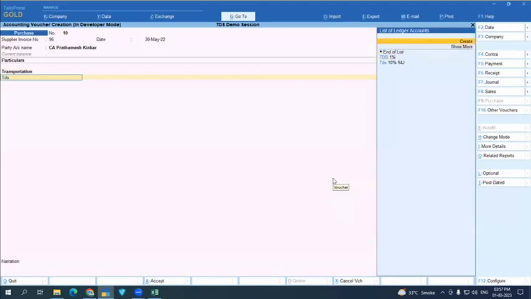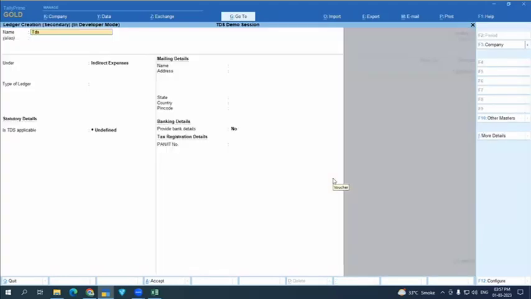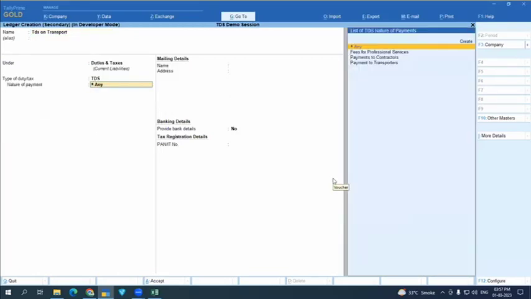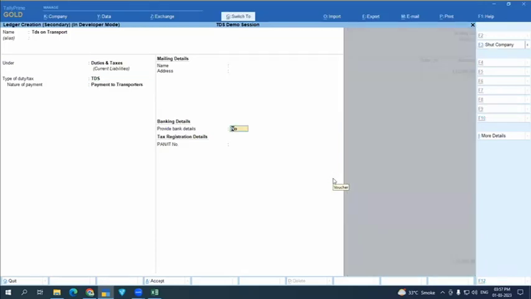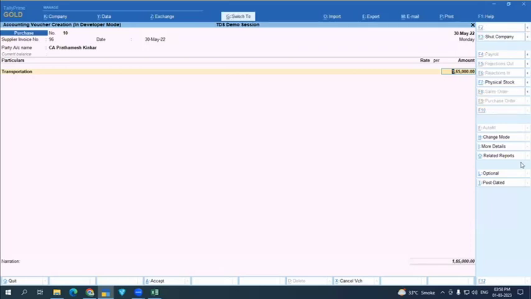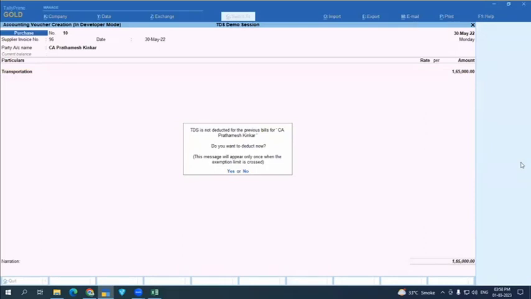Okay, TDS ledger we have to create. Just for information I am creating the ledger. It is not required. See, it is not required. That party is eligible. That party is under transport, and we have to mention that party is under transport.